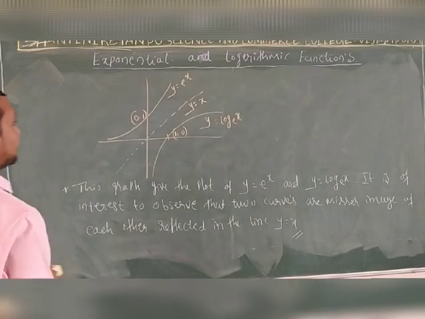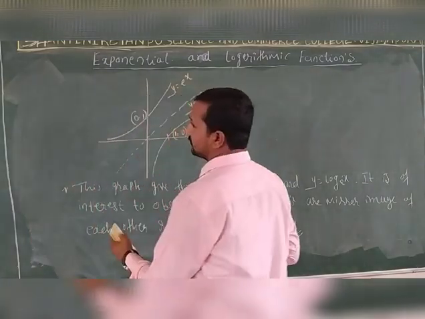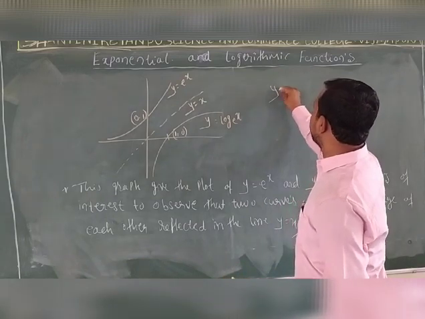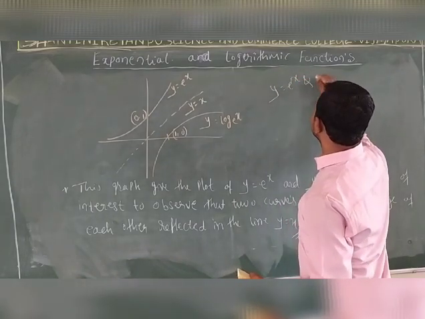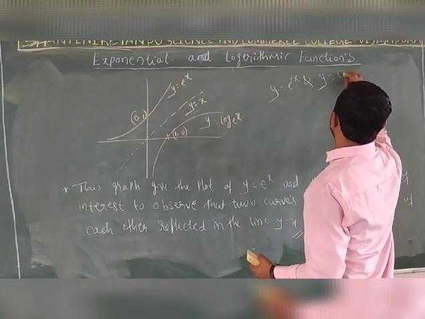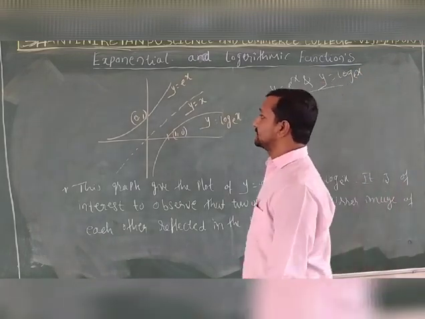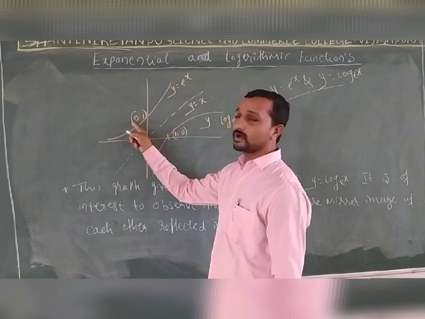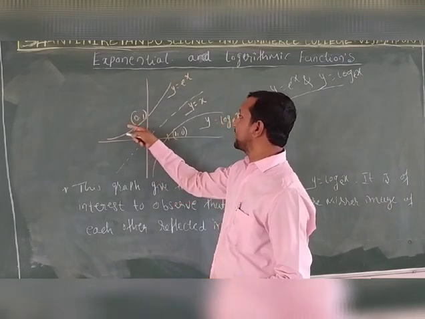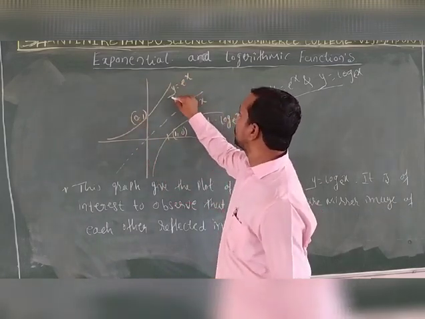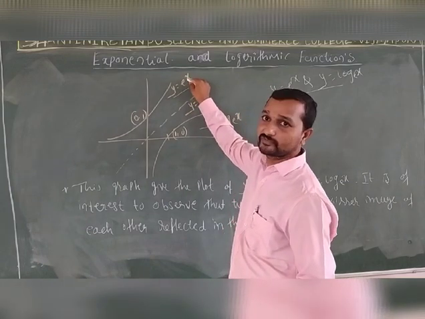So students, see that. This is the graph of y is equal to e raised to x and y is equal to log x to the base e. Here, the point 0, 1 is always on the graph of the exponential function. So y equal to e raised to x is the exponential function.